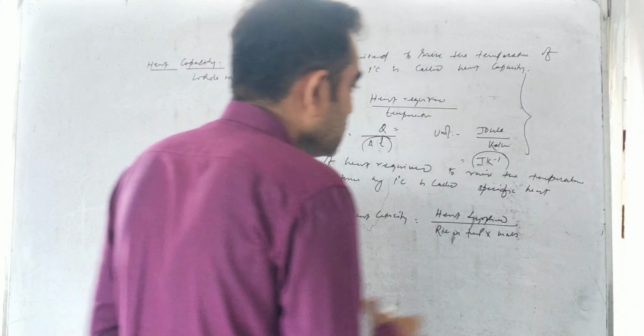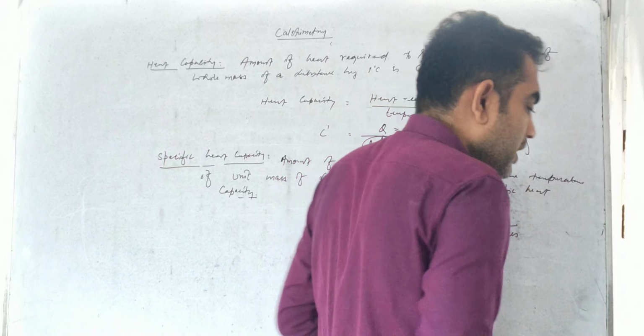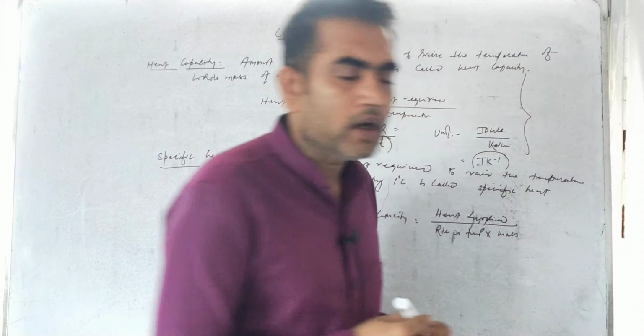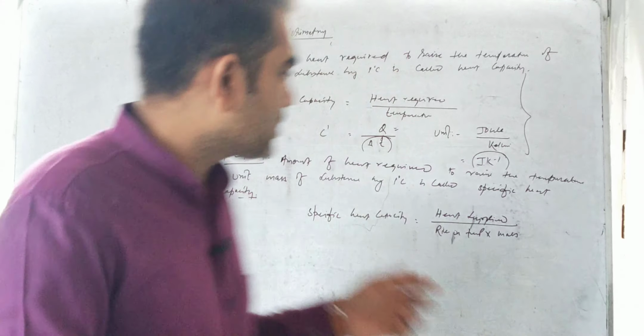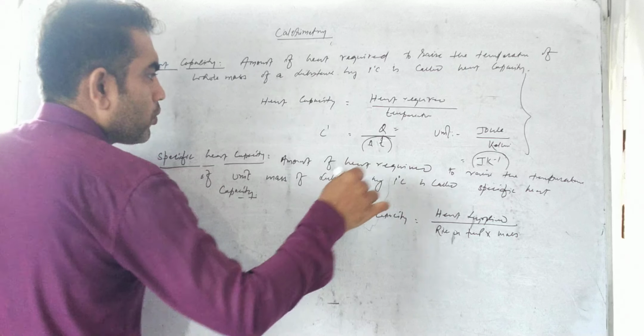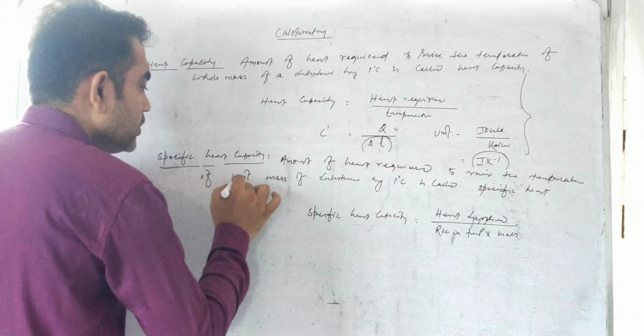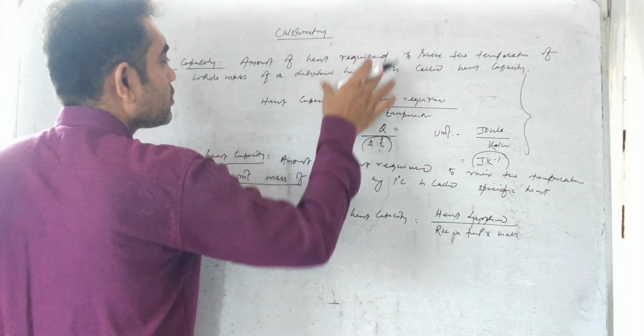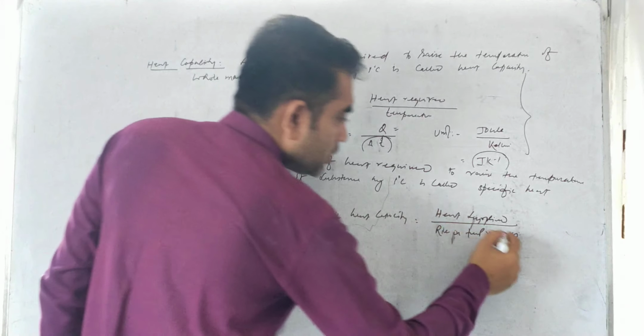So that means we are talking about unit mass of the substance. In the definition we mentioned the heat required to raise the temperature of a unit mass of substance. Here mass was not mentioned, so into mass.